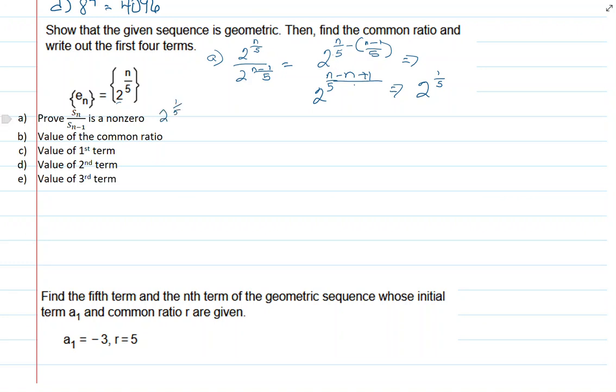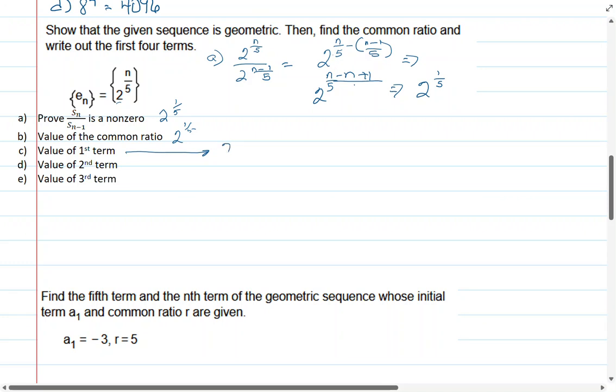It's an ugly decimal, but we're not going to do the decimals at all. You're going to write what you see. So the common ratio is 2 to the 1/5. The first term then is going to be 2 to the 1/5. The second term is going to be 2 to the 2/5.